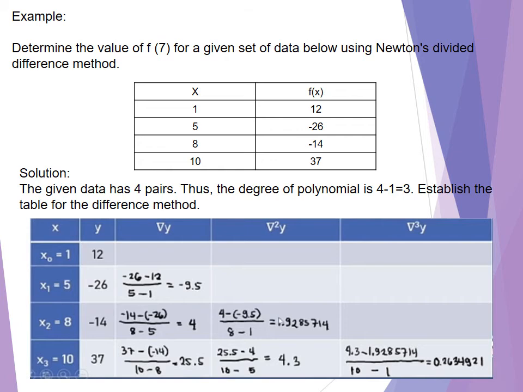The numerator depends on the given y, and the denominator depends on the given x. So the first is x of 1 minus x of 0, or y of 1 minus y of 0. That is negative 26 minus 12 all over 5 minus 1. If you calculate, you get negative 9.5.